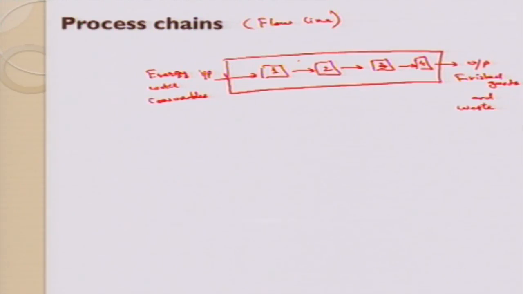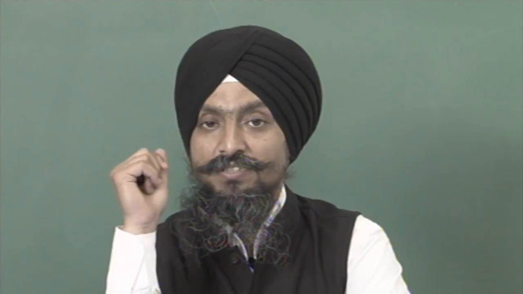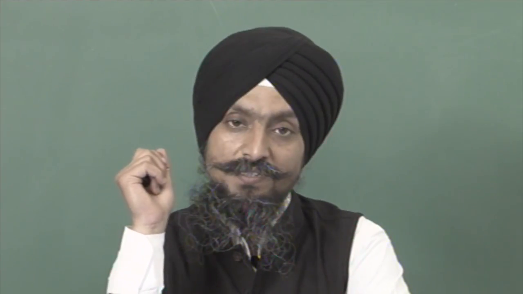We need to consider the material handling. Material handling here, the span between machines, and also the flow line has one drawback, because this is a series connection. So, if process 2 fails, the whole system comes to standstill. So, this is called the breakdown.